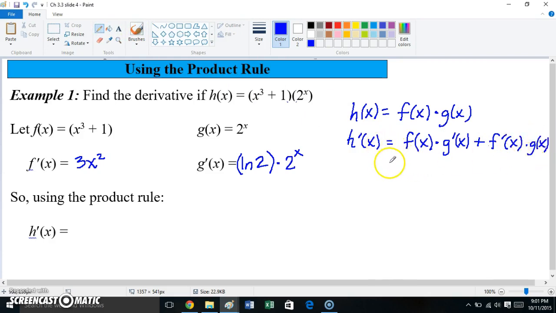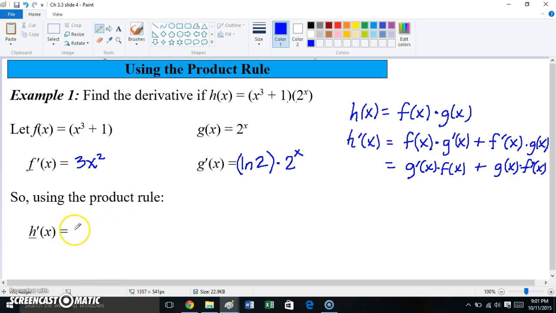Again, it doesn't matter what order. So if you said g prime times f plus g times f prime, however you say it, you know the rules of addition and products. Order doesn't matter.